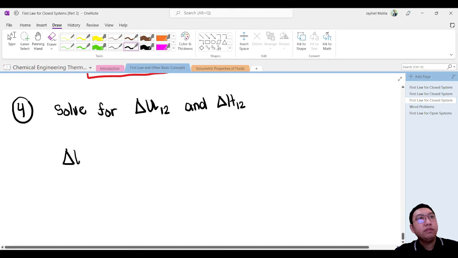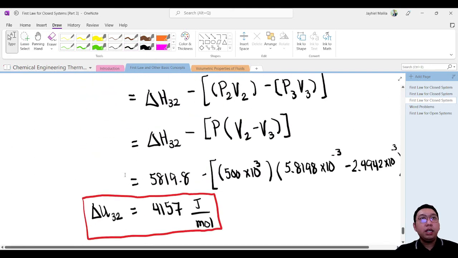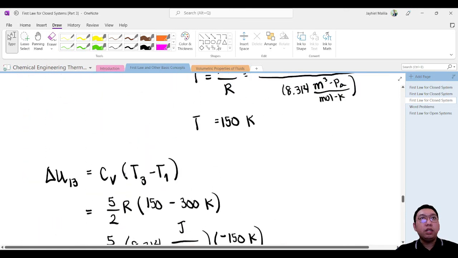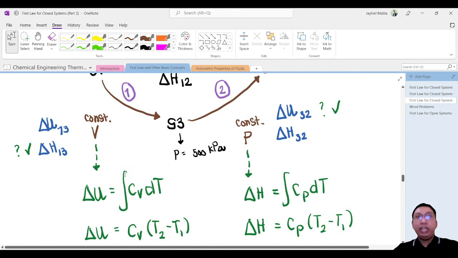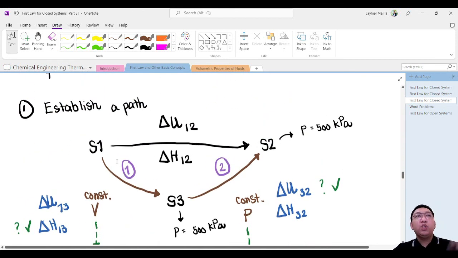Let's now solve. Delta U12 is the sum of, okay, I'll just sum it right away in the calculator, but you have to show it to me in writing soon.